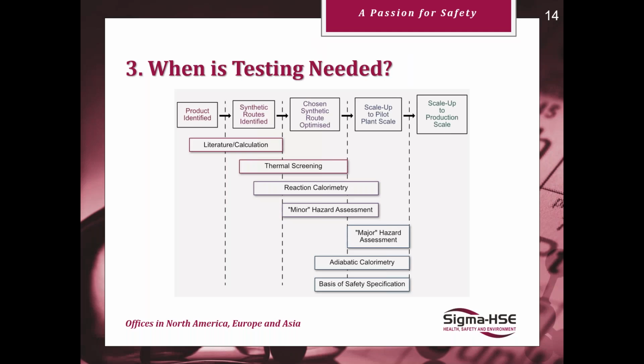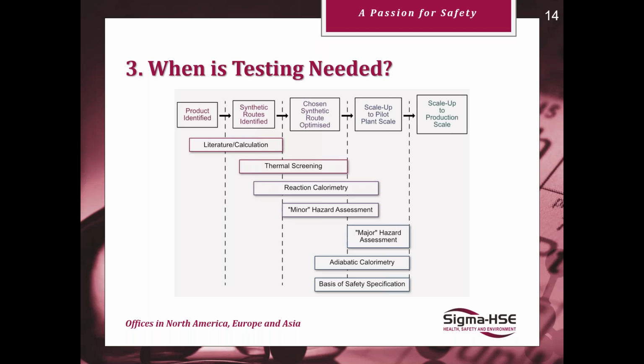This goes hand in hand with starting to look at reaction calorimetry, so understanding the desired reaction that's going to be performed on plant, and again, matching this up against the thermal stability screening data to see whether there's any real risk of the desired reaction, if you have a cooling failure, for example, triggering a secondary decomposition, and being cognizant really of whether there's any potential for thermal runaway to occur with that system.